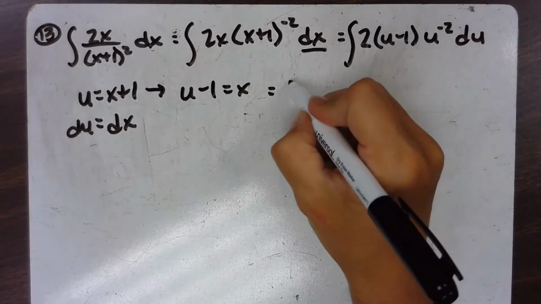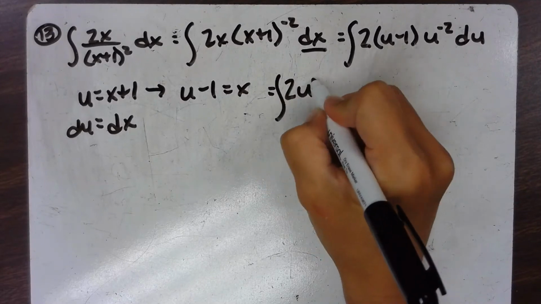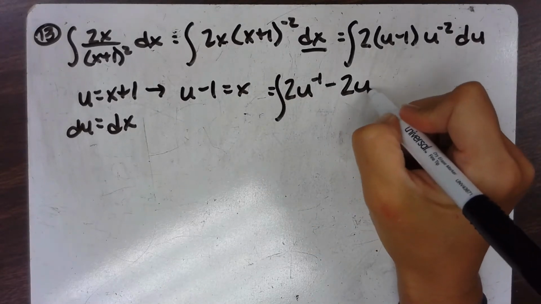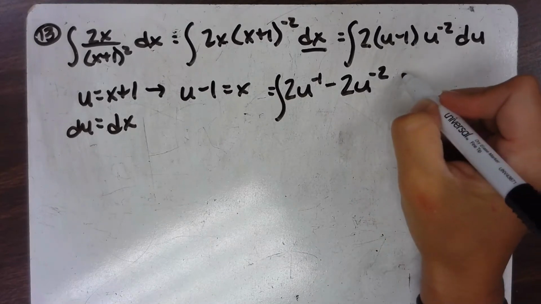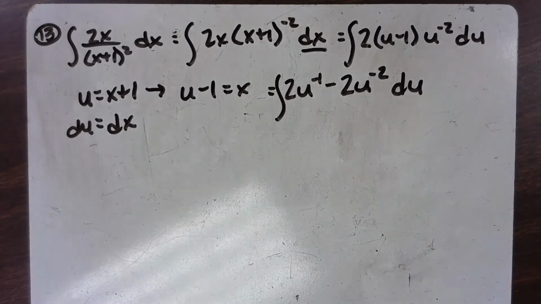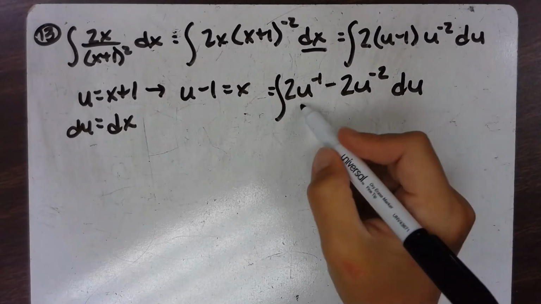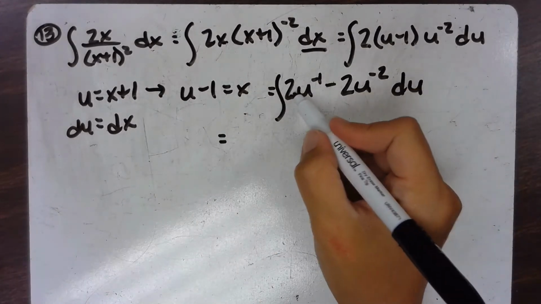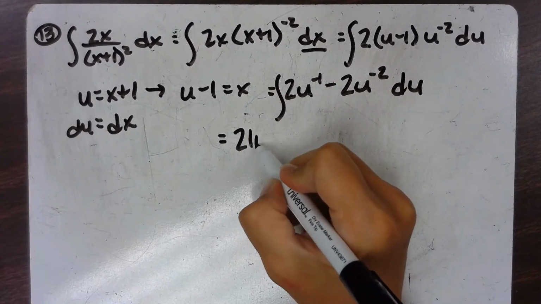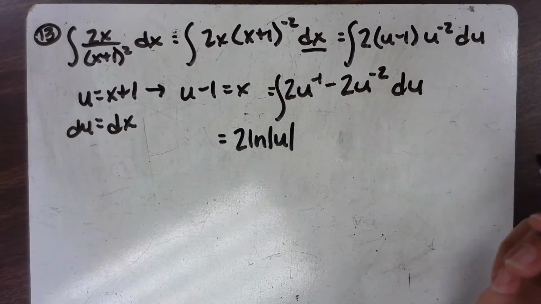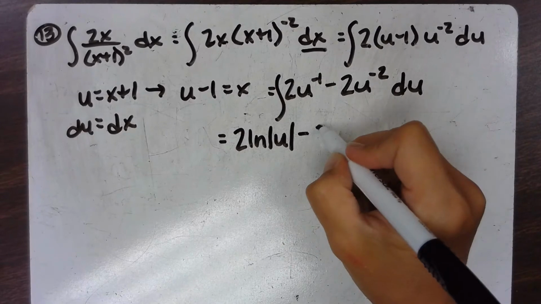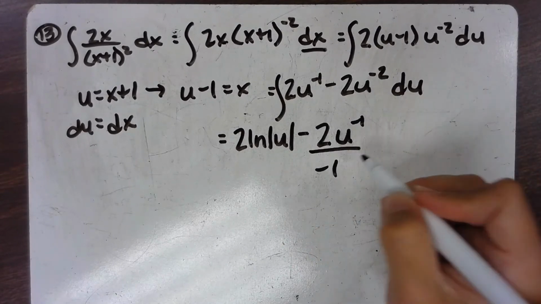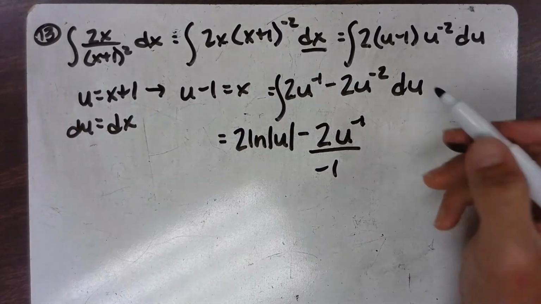So it's going to be 2u to the negative 1 minus 2u to the negative 2. And you can split these 2 up if you want, or just work with it together. I'm just going to work with it together. u to the negative 1, that's going to make ln absolute value of u. Now this one, remember, we add 1 and we divide by whatever this exponent is.